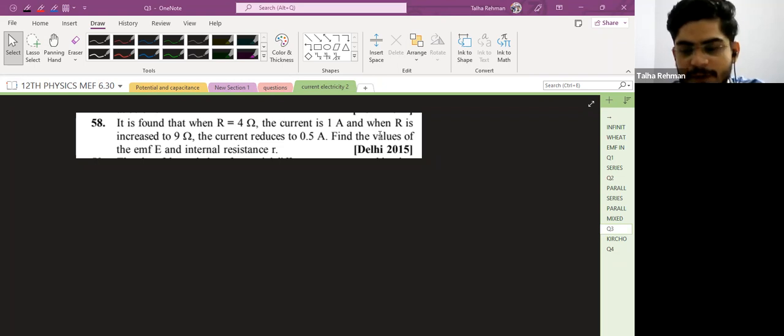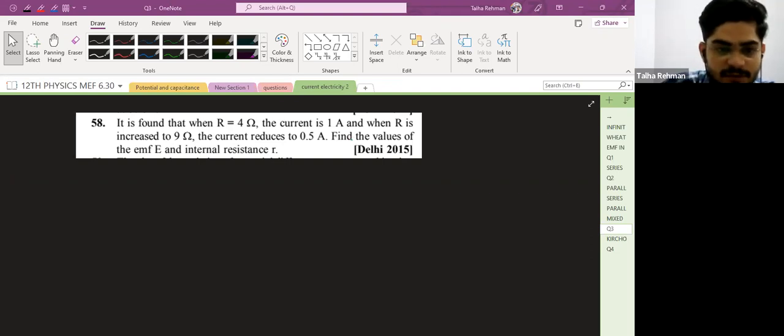And when with the same cell you are connecting a resistance of 9 ohm, you are getting a current of 0.5 ampere, means the current reduces. And we have to find the value of EMF E and the internal resistance r.